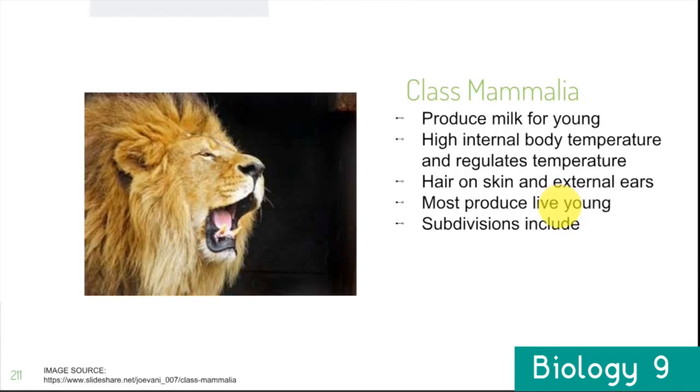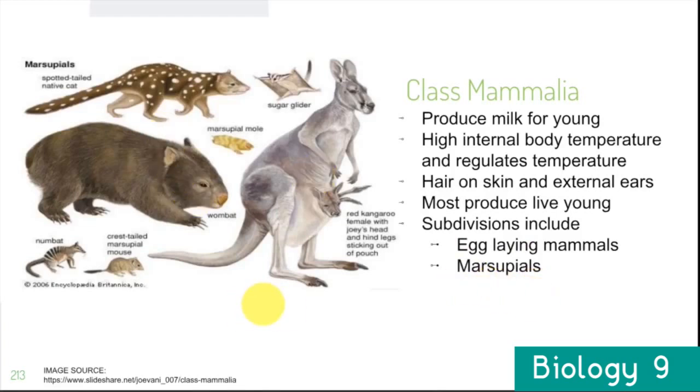Just like the birds, chordate features are only plainly visible within the embryos, and there's actually some subdivisions within mammals, such as the egg-laying mammals, for example, the platypus, marsupials, which are found where I'm from in Australia, and these are things like kangaroos, the koala bear, and they produce really immature young, so they're not really fully developed yet, but there is a pouch, so they can live in those.